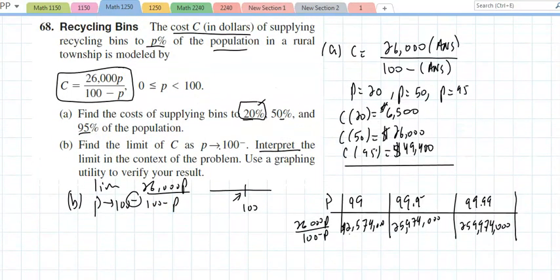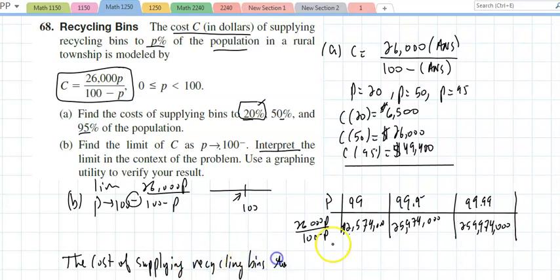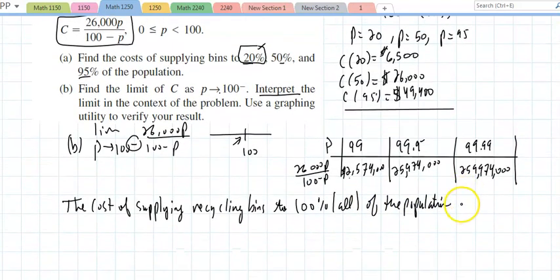In terms of the problem, it seems the cost of supplying recycling bins to 100% of the population, the entire population, is unbounded, runs without a bound.